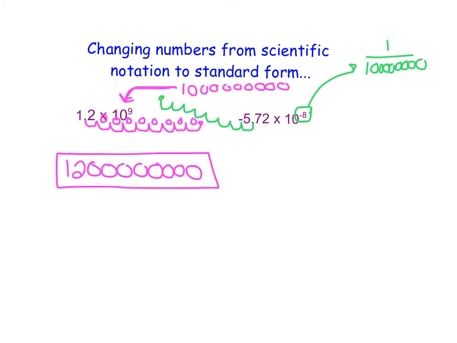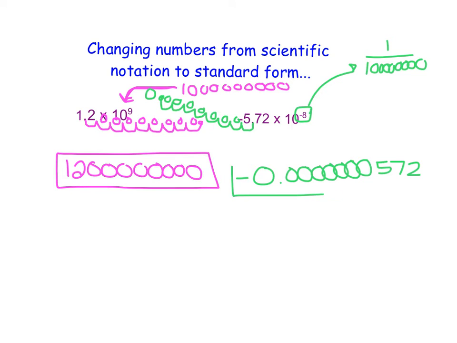So I'm going to have 0.1, 2, 3, 4, 5, 6, 7 zeros, followed by 5, 7, 2 with that negative sign in there as well.